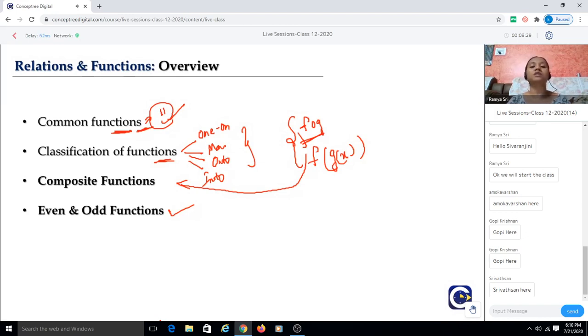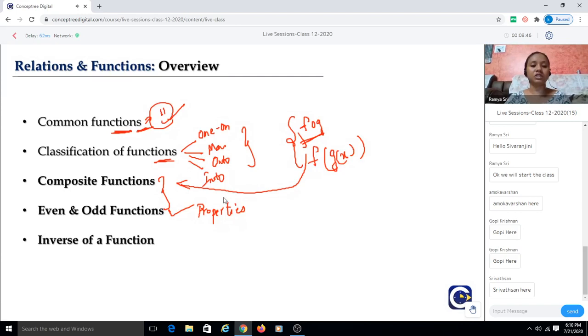Similarly, for composite functions we are going to see the properties. We'll see a few examples and questions for these topics.